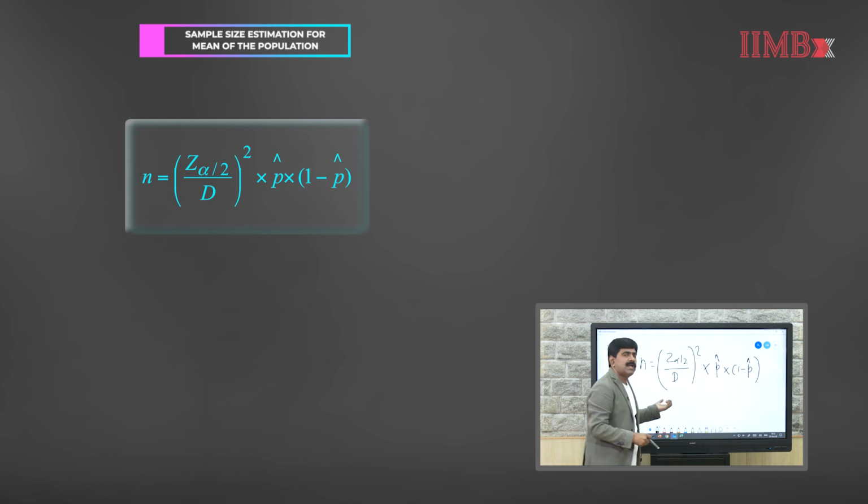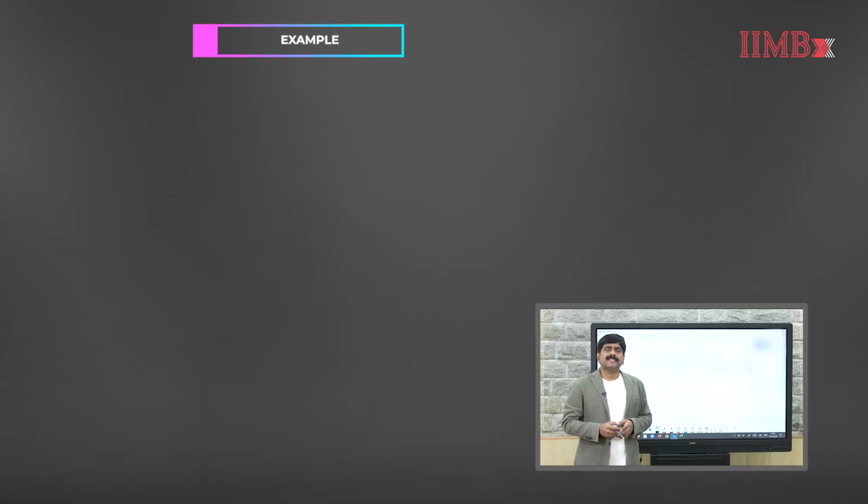So, this formula is used for calculating the sample size when we are estimating population proportion from a sample. And again, this z alpha by 2 is based on the significance or the confidence level that we are taking. Let us look at an example.